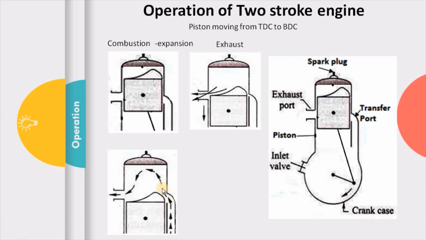The mixture which is coming through the suction is pushing the burned gases present in the combustion chamber out through the exhaust port, and this process of flushing out the burned gases from the combustion chamber with the help of the incoming fresh mixture is what we call scavenging. So scavenging starts when the piston uncovers the transfer port, and it continues until this and this ports are covered.